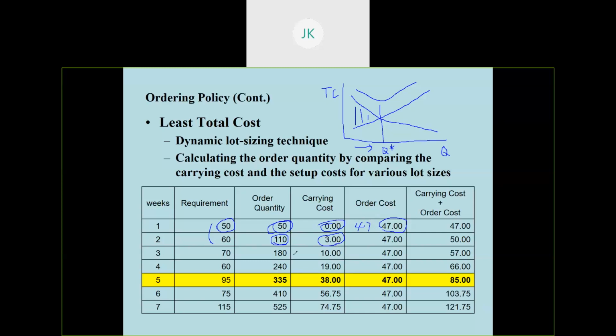And then when we order 110, then 43, 44, and 47 minus 10 is 37, and 47 minus 19 is 28, and then 47 minus 38 is 9, and then 47 minus 56.75 is negative 9.75. Then 47 minus 74.75 is negative 27.75.